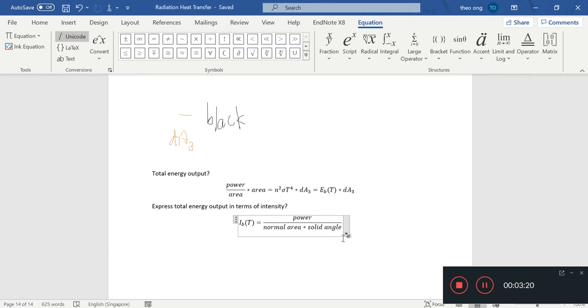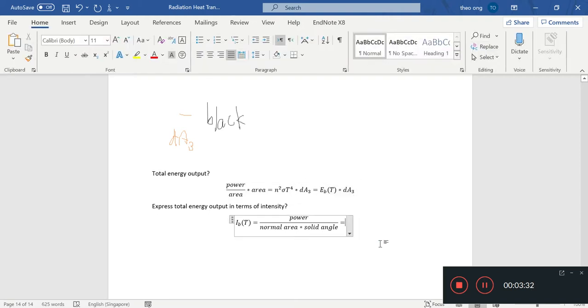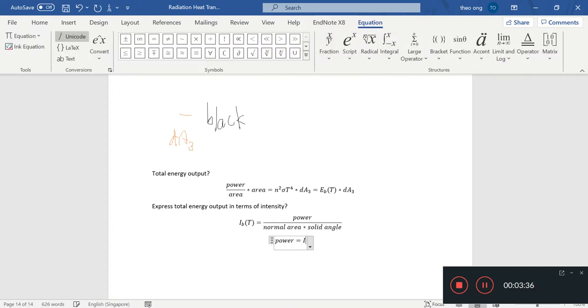This power is none other than this EBT dA3. So power equals IBT times normal area times solid angle.